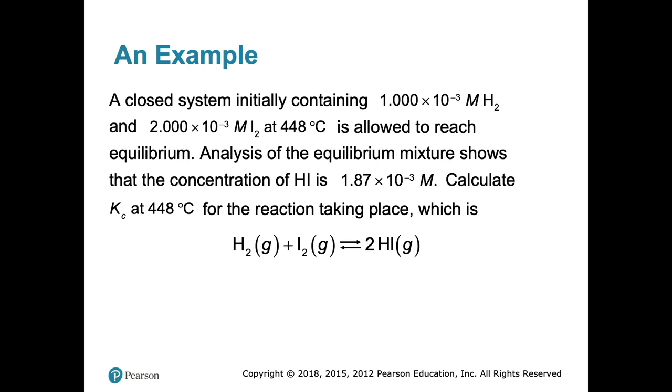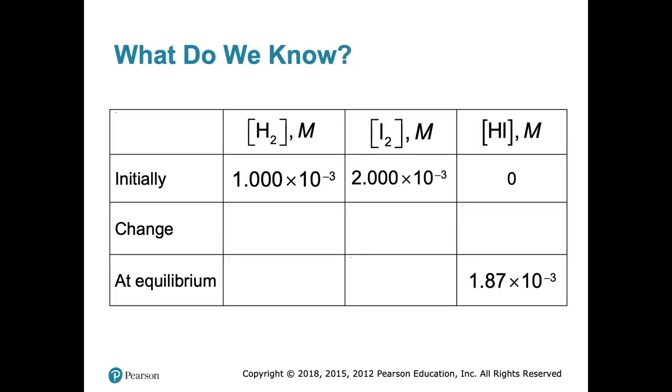So I was just saying before, this is when we introduce this thing called the ICE table. It's the bane of all Gen Chem students' existence because we use it for almost everything from this point forward.